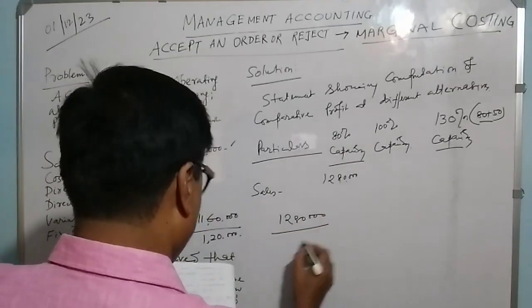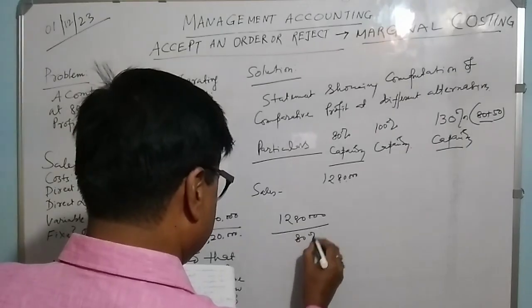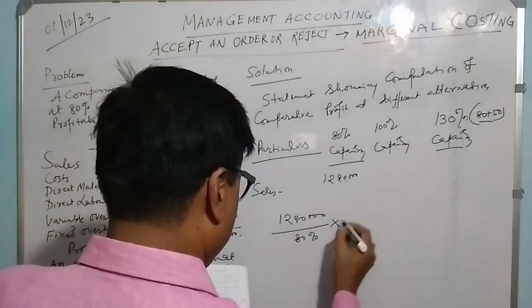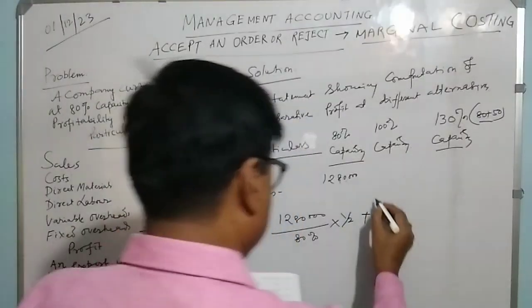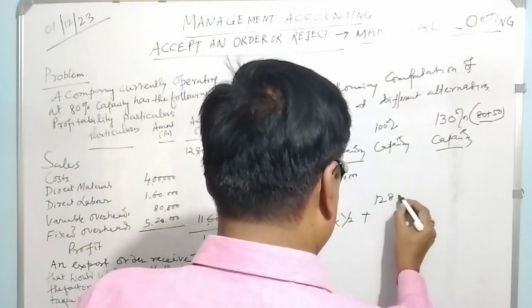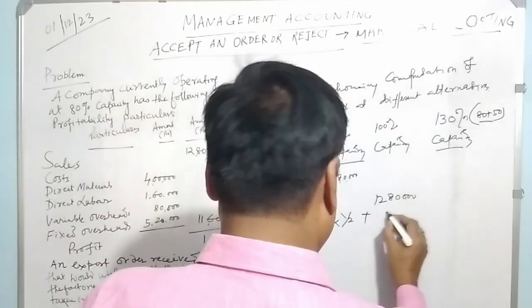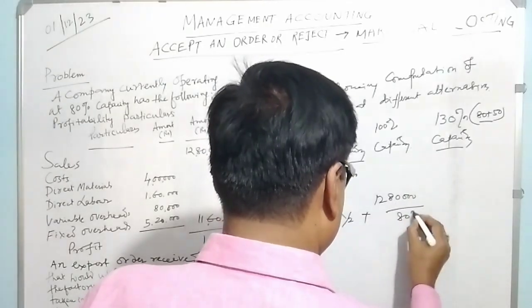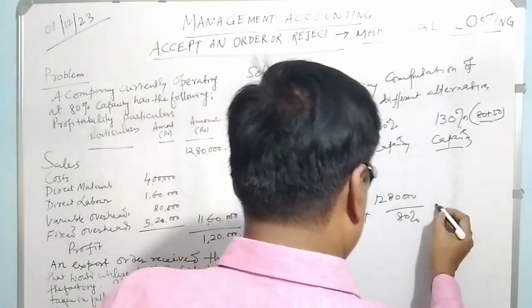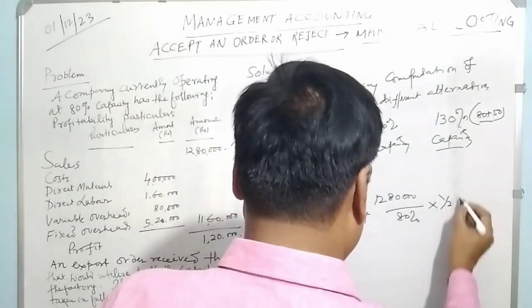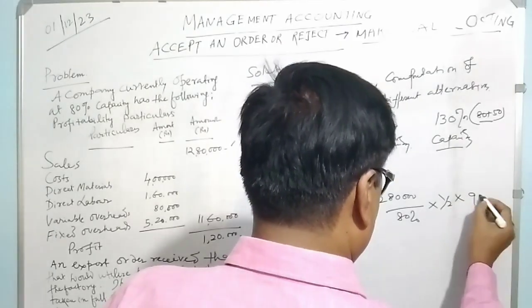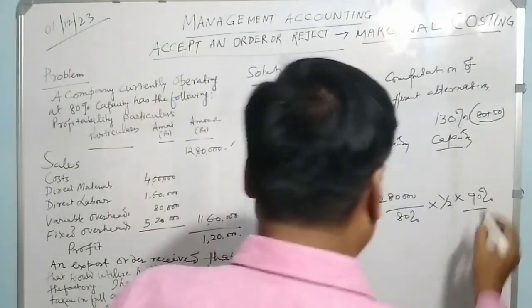12,80,000 by 80% into 50% plus 12,80,000 by 80% into half into 90%.